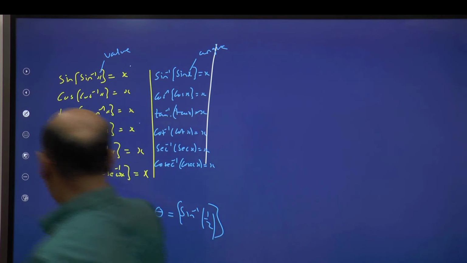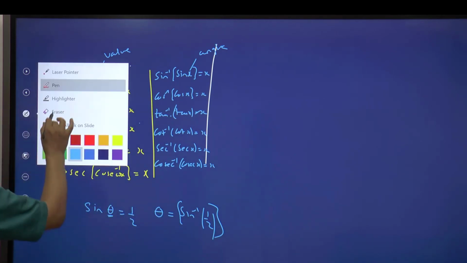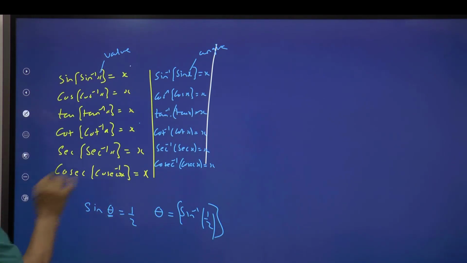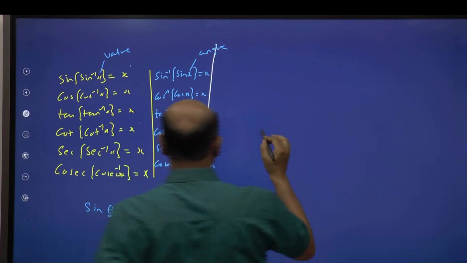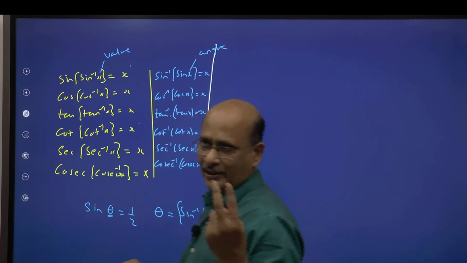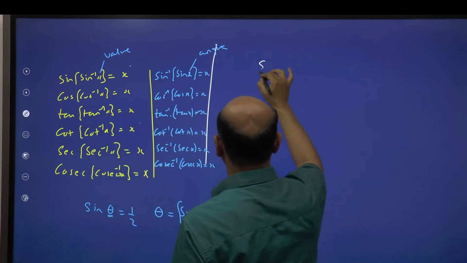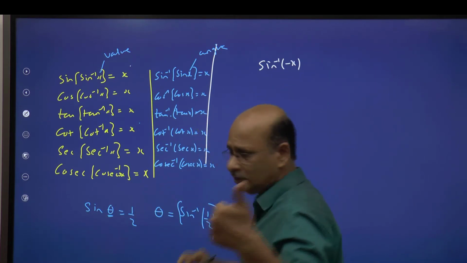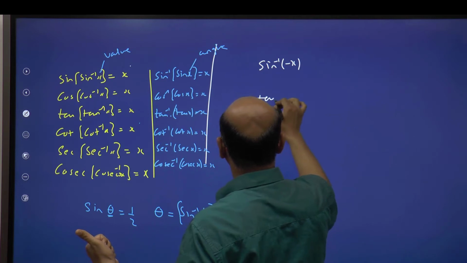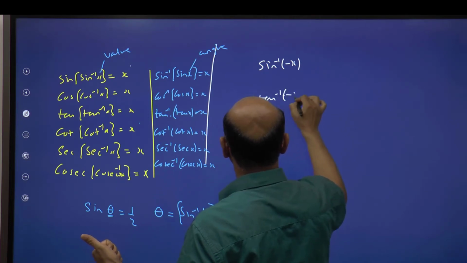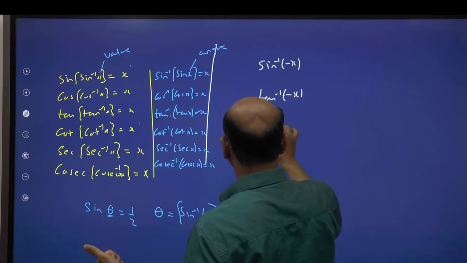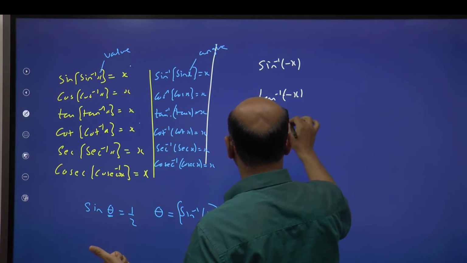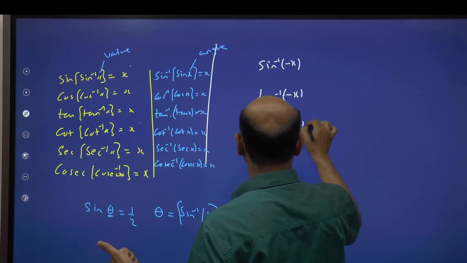The next part is very important, nobody should miss it. What are the two sets you studied? In the first set, sine inverse of x, tan inverse, and what is the other set? Cosec inverse. The principal value is minus pi by 2 to pi by 2, correct?